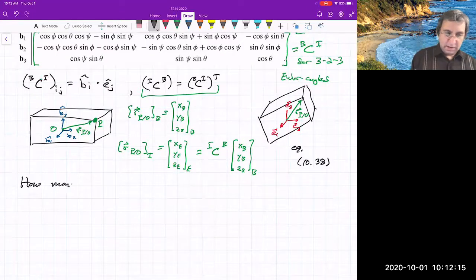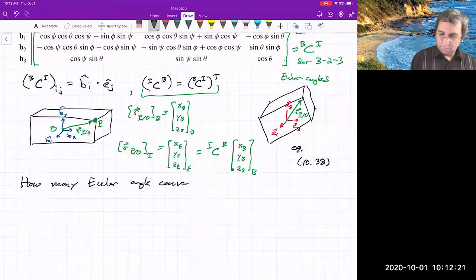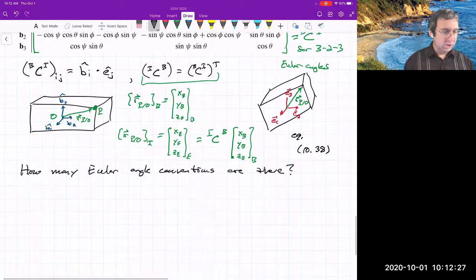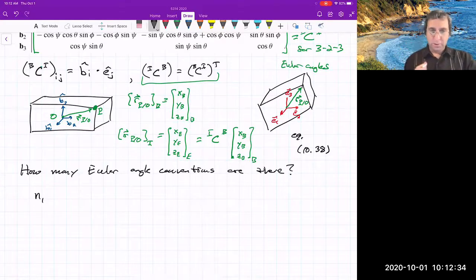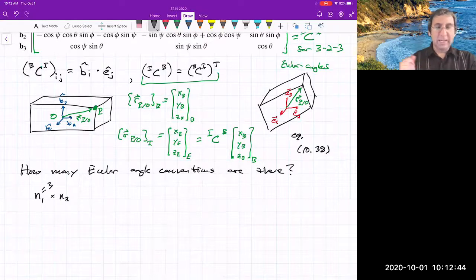Okay. So how many Euler angle conventions are there? There are many. They are legion. Well, okay, you have a choice. N1 is the number of choices for the first rotation. And you could choose any of the three directions, 1, 2, or 3. So that is a 3 times how many choices do you have for the second rotation?